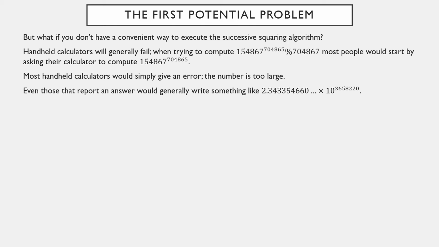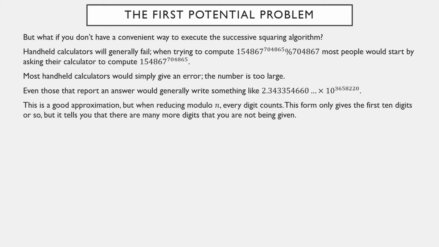Even those that do report an answer will report it in scientific notation, something like 2.3433 times 10 to the 3,658,220th power. Okay, that's a good approximation when you need to do scientific work. But if you're reducing modulo n, every single digit counts. An approximate value of the number is still going to be off by a very, very large amount.